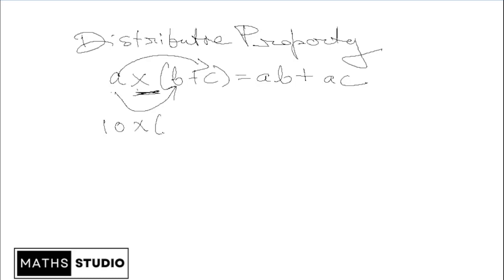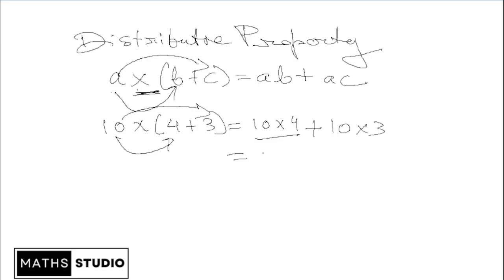10 multiplied by 4 plus 3, so that would be 10 into 4 plus 10 into 3, so that would be 10 fours are 40 plus 30, that gives me 70.